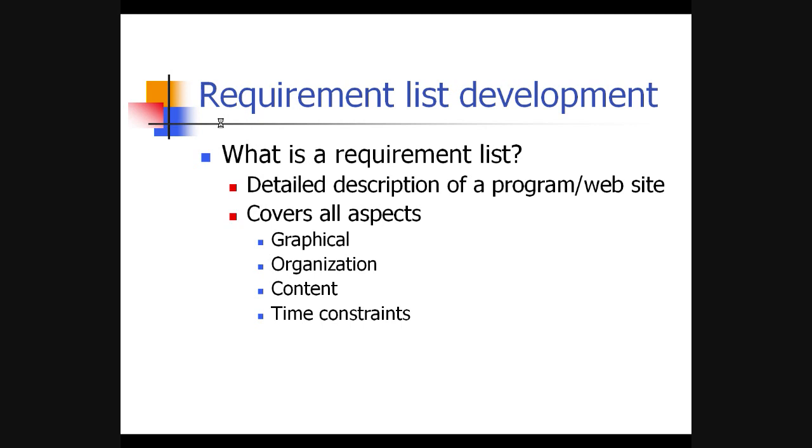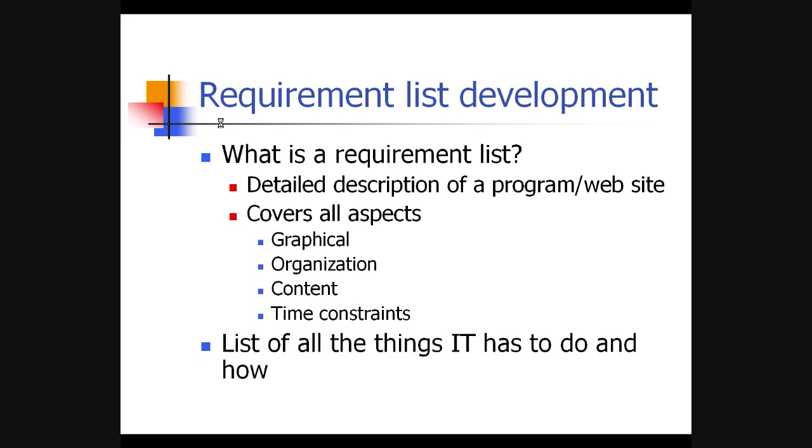All that is of course fluent, but you need to define all these points. Basically it's the list of all the things the program or website has to do and how. It really is the story of the product.